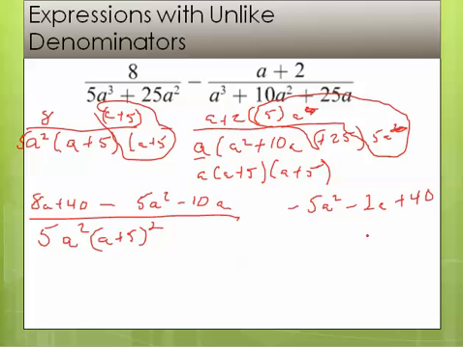That's going to be kind of hard to factor, because I'm going to multiply the minus 5 times the 40 and get a negative 200. And that's got to add to a negative 2. Remember, that's multiply and add. Well, multiplying to negative 200 and adding to 2. That means they've got to be pretty close numbers.